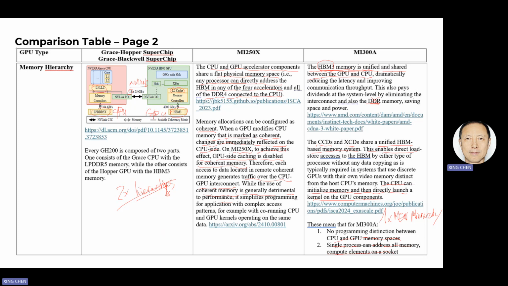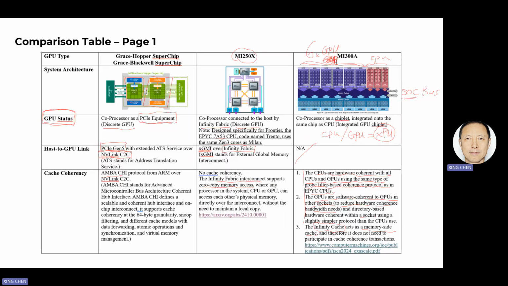And before MI300A was published, we had the MI250X. The MI250X is in between the GraceHopper and the MI300A.